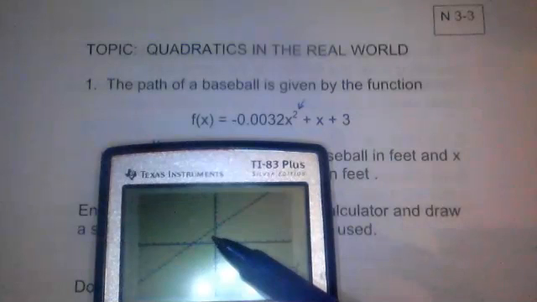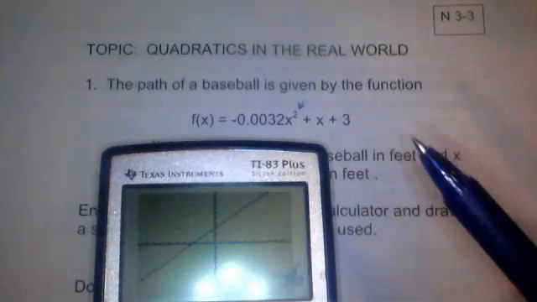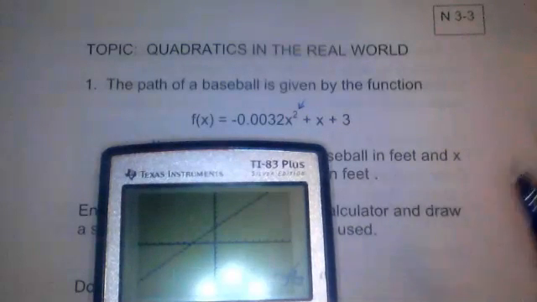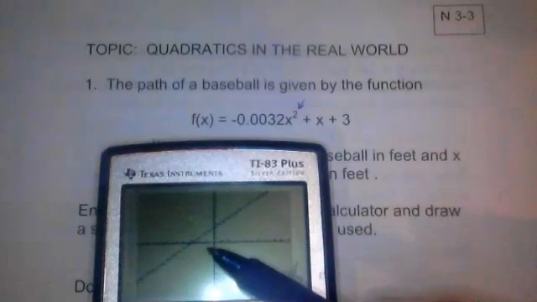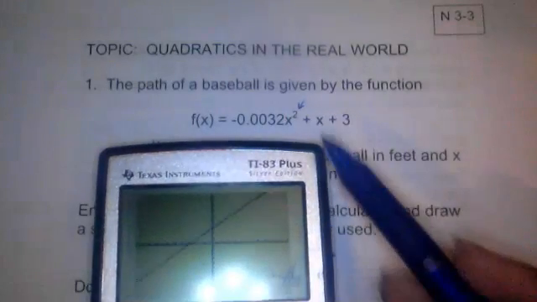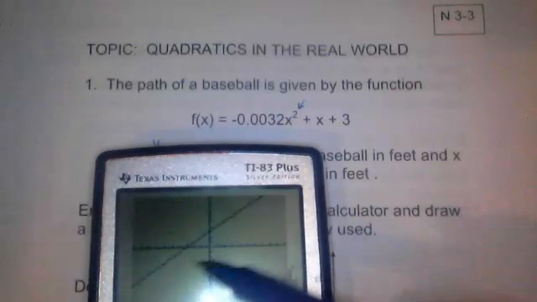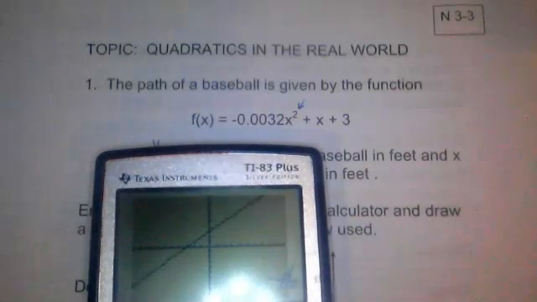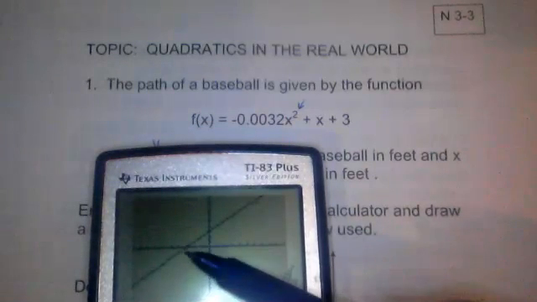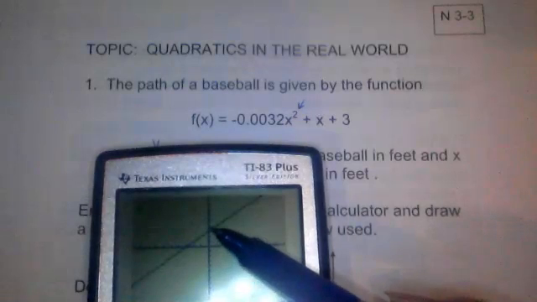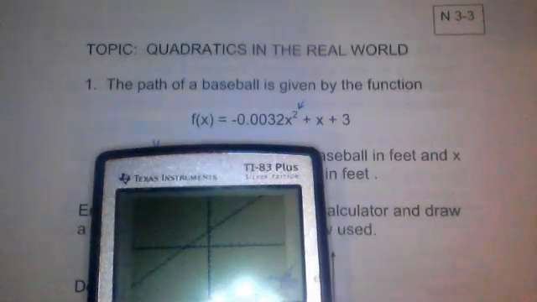We can't hit the ball in a negative, well, I guess we could if we fouled the ball off, but assuming the ball went forward in this path, then we're not concerned about the negative x. And the ball is going up in the air, so we're not too concerned about negative y's either.